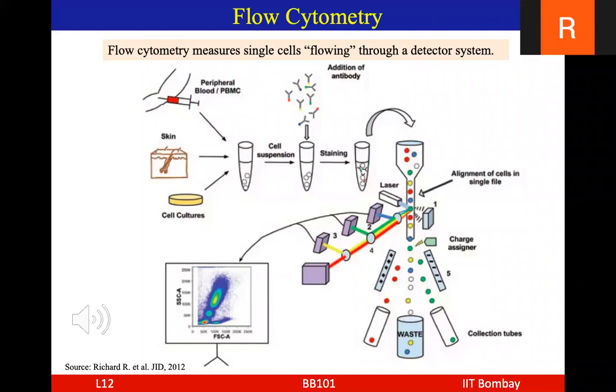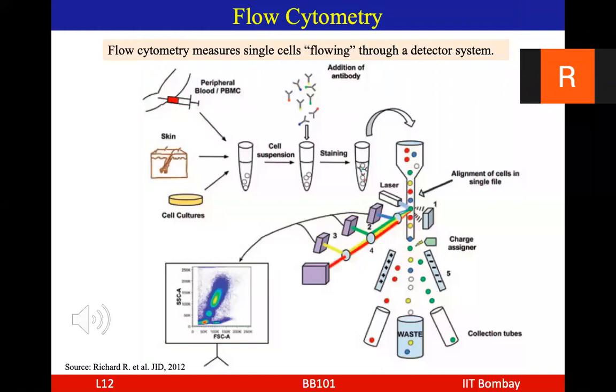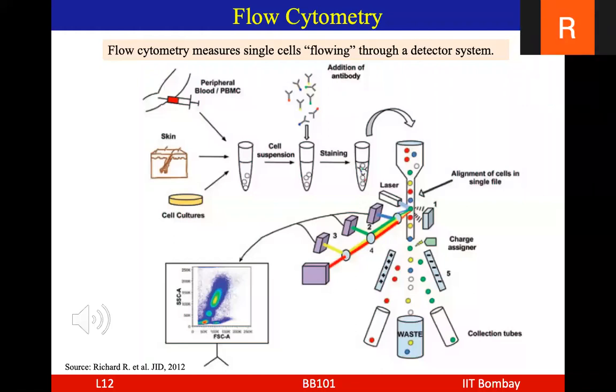So flow cytometry basically measures single cells flowing through a detector system. If you have a single cell suspension from the blood, you see in the top left there's a hand, and from the vein the blood is taken.